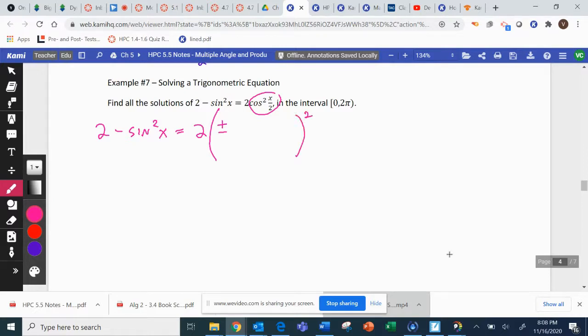So that's how we'll take care of that squared. The formula for cosine of u over 2 is plus or minus the square root of 1 plus cosine x over 2.